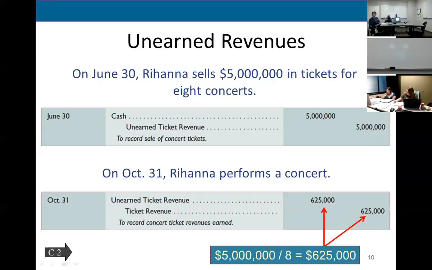So advanced ticket sales for sporting events. Let's use this as an example. Rihanna sells $5 million in tickets for 8 concerts. She has sold these tickets in advance. What are we debiting? Your cash. We're debiting cash by $5 million and crediting unearned ticket revenue.